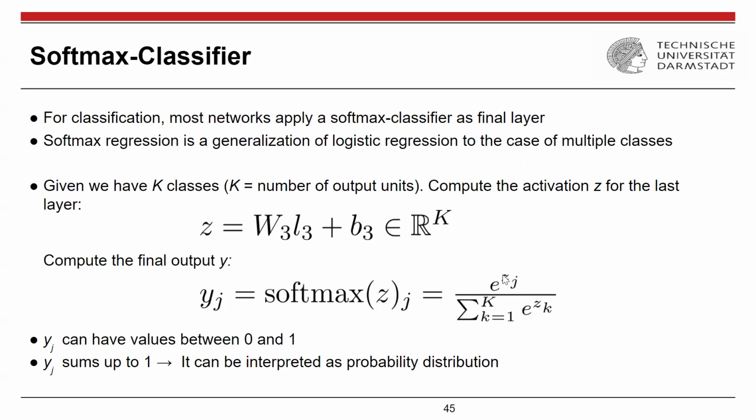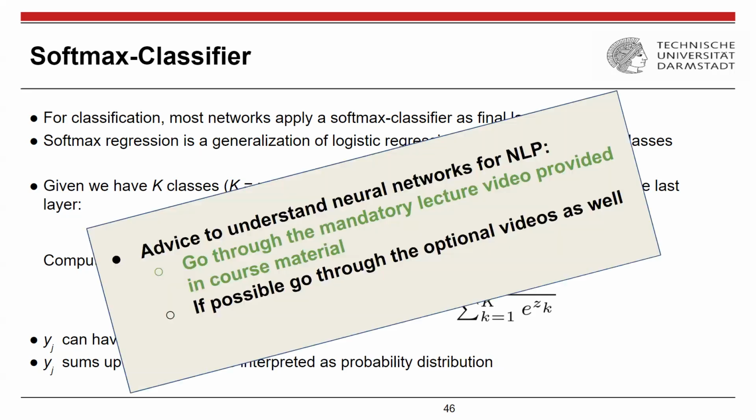That is a way of converting your column vector into probabilities, where all the entries now sum to 1. And you will pick the entry in your column vector which has the highest probability as your predicted class for this particular data point. So that is the process used in a classification task in your neural network.